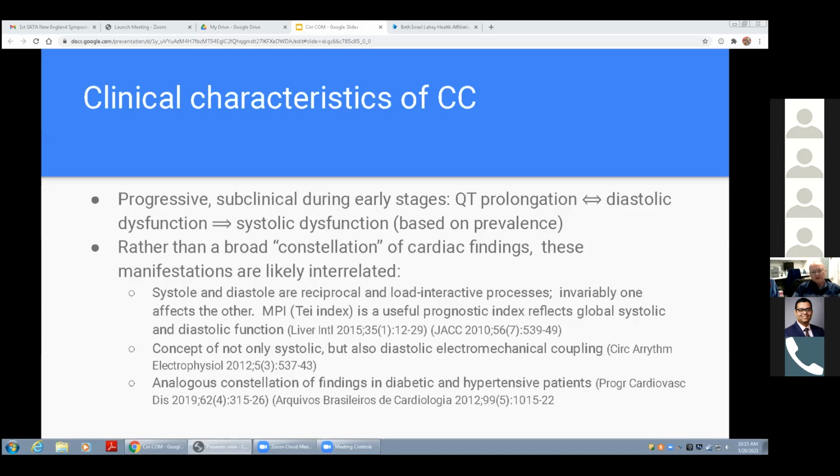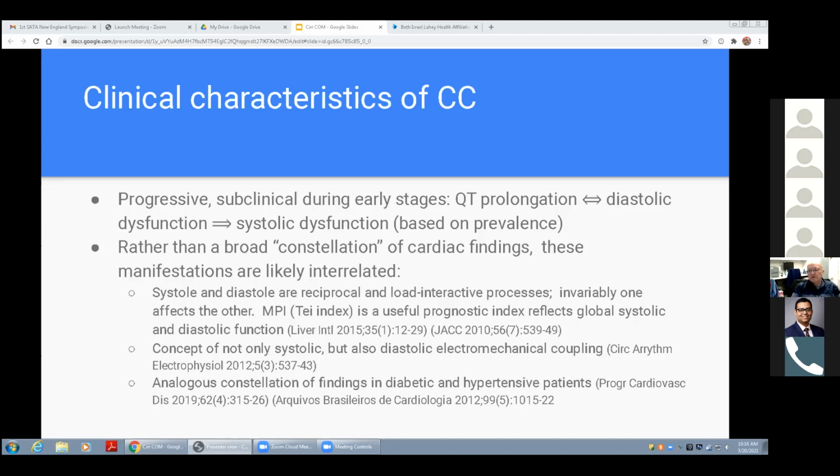For example, look at systole and diastole. Systole and diastole are reciprocal processes. Not only mechanically, but also electrically, systole starts when diastole ends, and vice versa. So an abnormal relaxation and filling, an abnormal diastole, necessarily results in subtle systolic dysfunction that may not be detected by global indices of ventricular function.